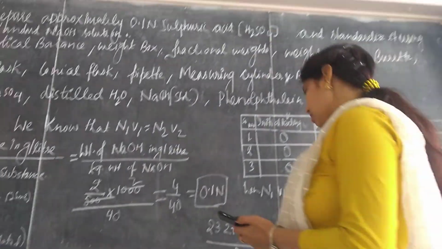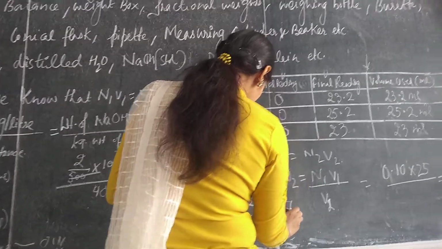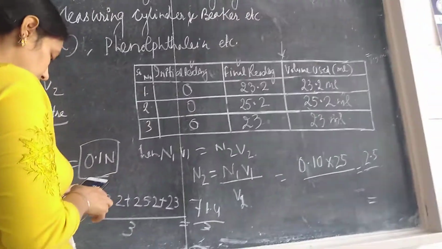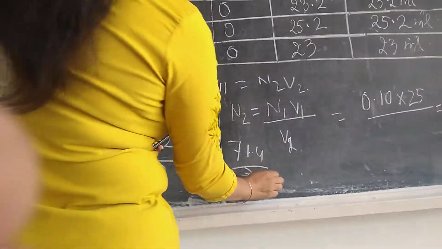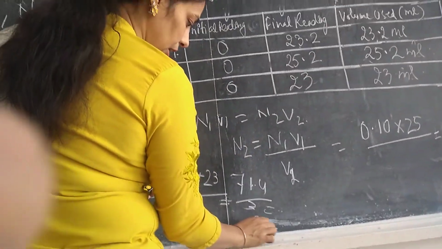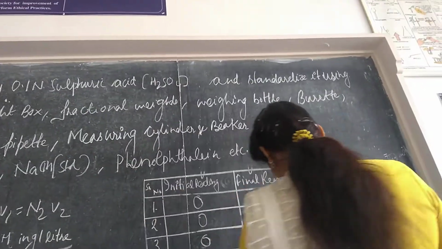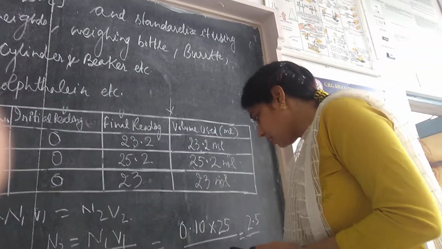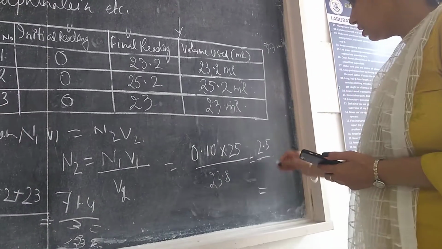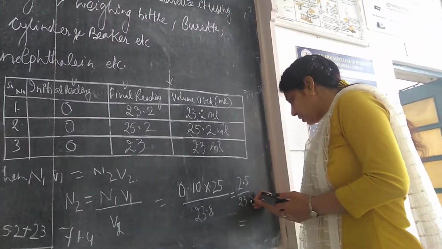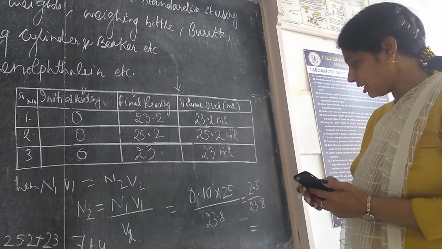This is 71.4 divided by 3, which is 23.8. So our V2 is 23.8. Here 2.5 is divided by 23.8.